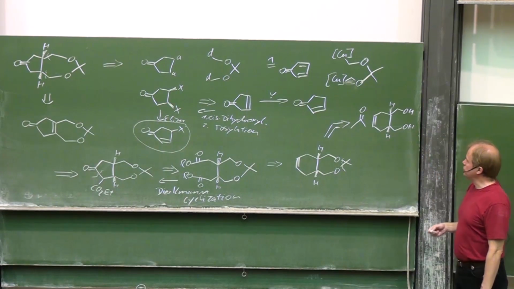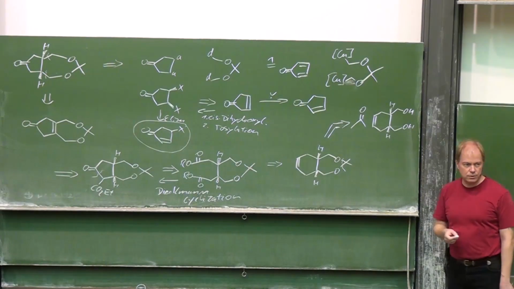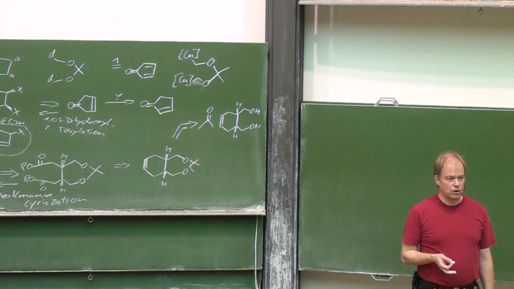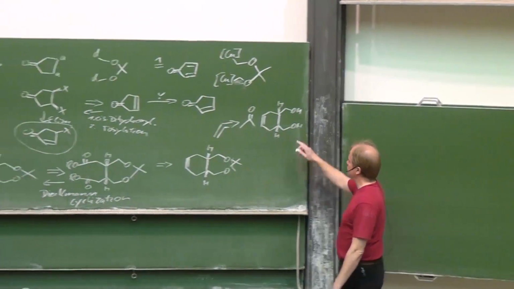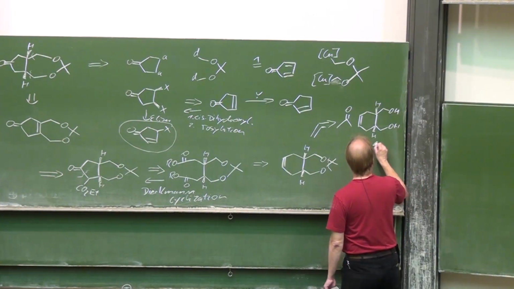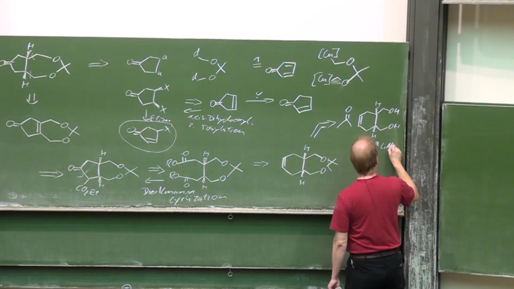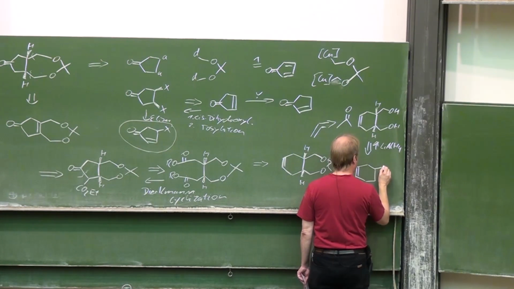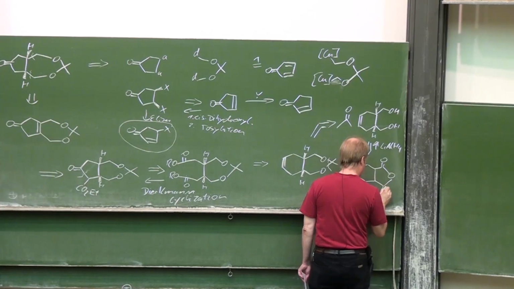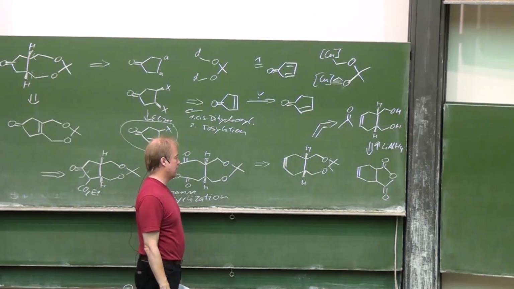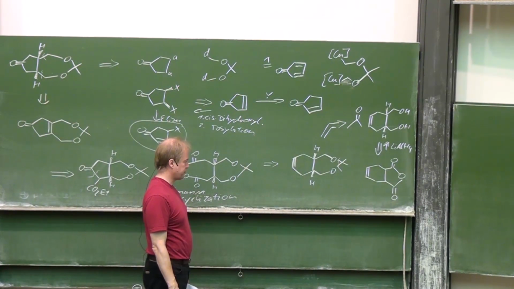And these hydroxymethyl groups you might get, or usually would get, by reduction of these carbons at the oxidation state of a carboxylic acid. So reduction with lithium aluminum hydride. And this is of course the product of a Diels-Alder reaction of butadiene with maleic anhydride.